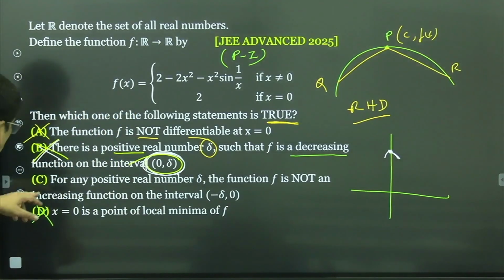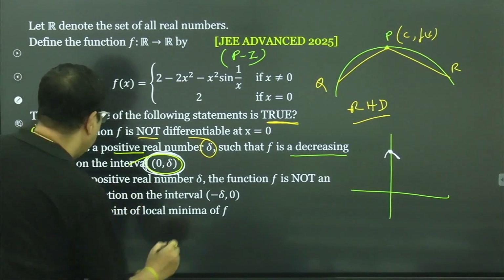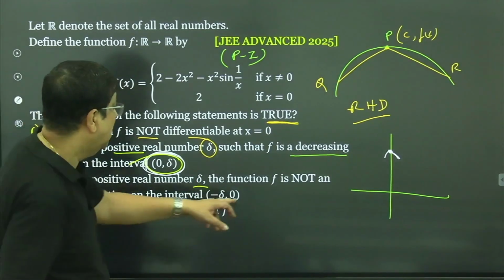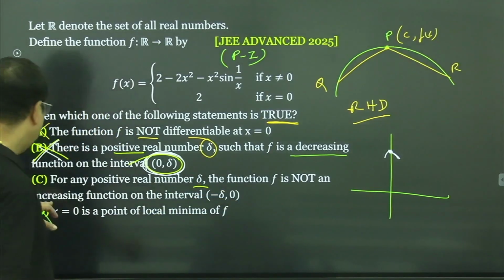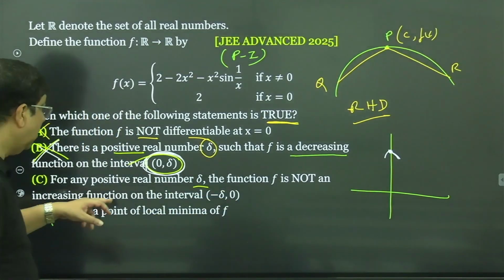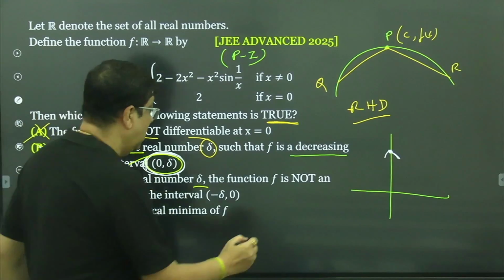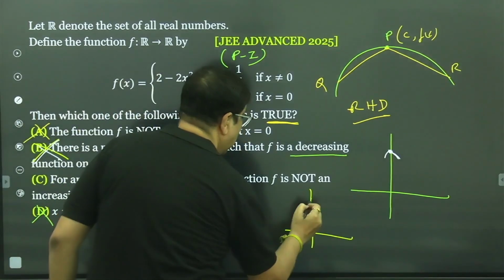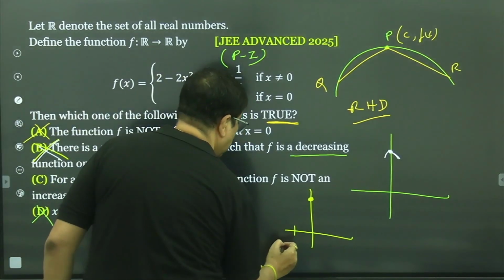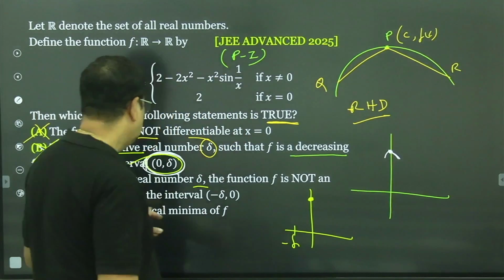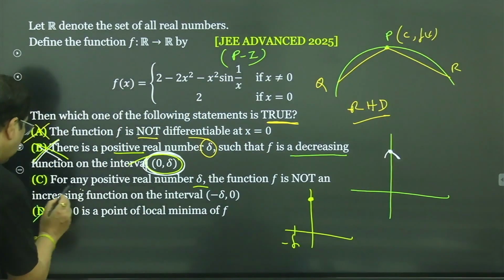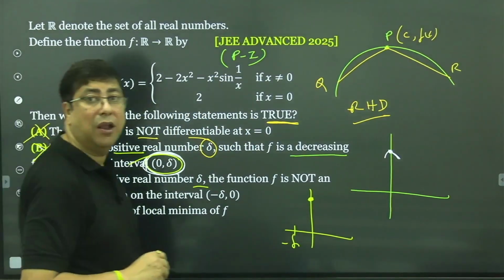Now the question, we are going to C. For any positive real number delta, the function f is not increasing on the interval 0 to delta. So at 0 this is 2, and up to something, suppose delta, the function is not increasing. It can be increasing or decreasing, it doesn't matter.